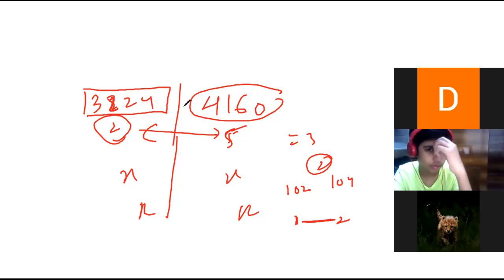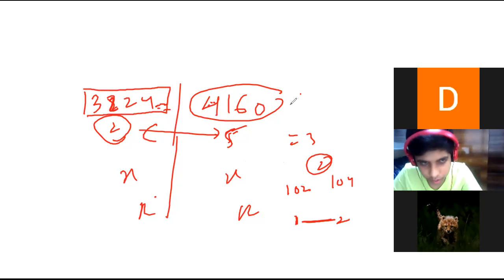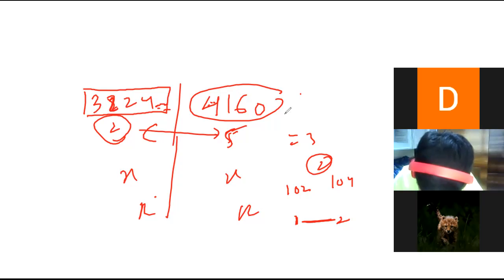So can I say this extra amount, whatever it comes, is interest for how many years? 3 years. So extra amount means just find the difference. How much will it come? We have to subtract, right? 4160 minus this.